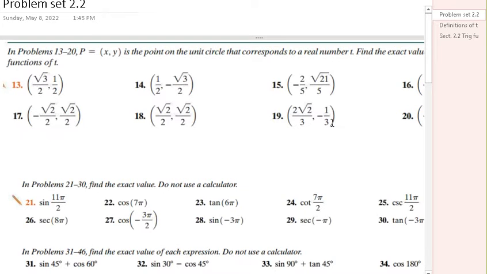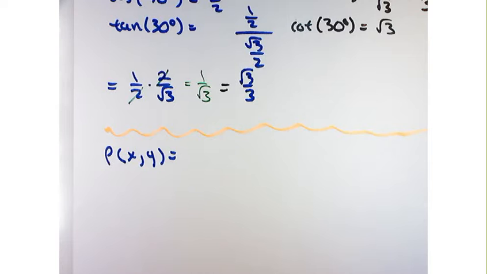You know, let me give you a more user-friendly one than one of these. And I'm going to let our point P of x and y have coordinates of, let's see, let's do 3/5 and 4/5. So x and y is going to have these coordinates.